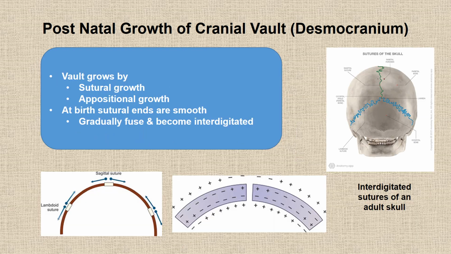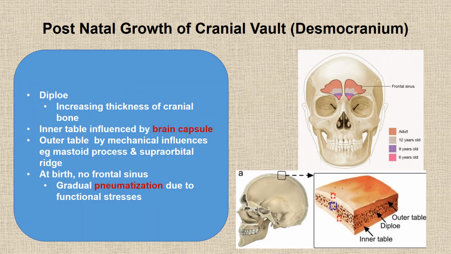Now, postnatal growth of the cranial vault. The vault grows by sutural growth and also by appositional growth. At birth, the suture ends are smooth, but gradually they become fused and interdigitated. Now, as the cranial bone develops, the diploe between the outer table and inner table increases.